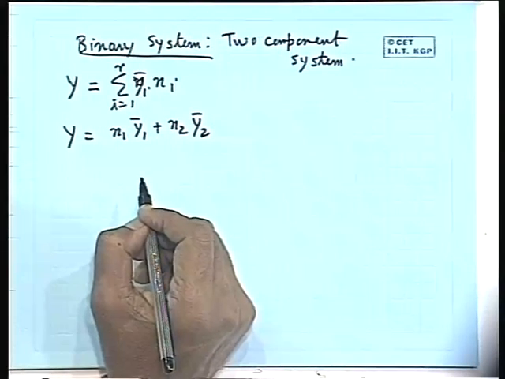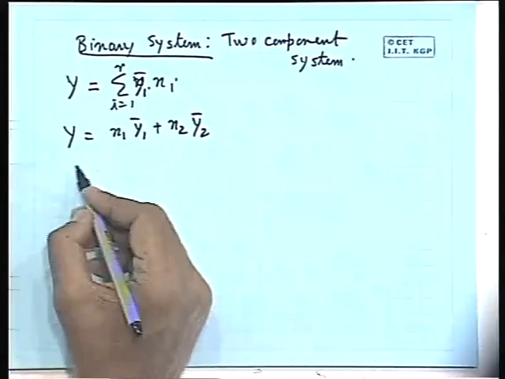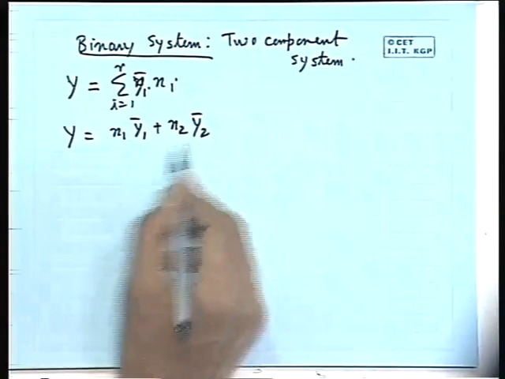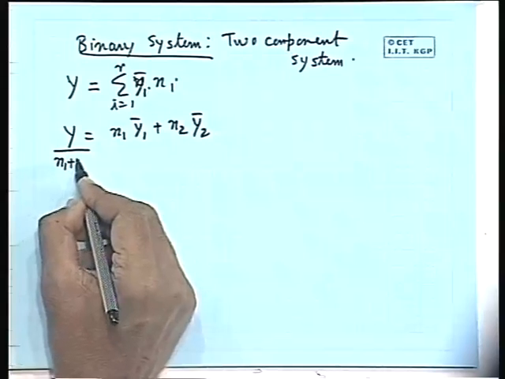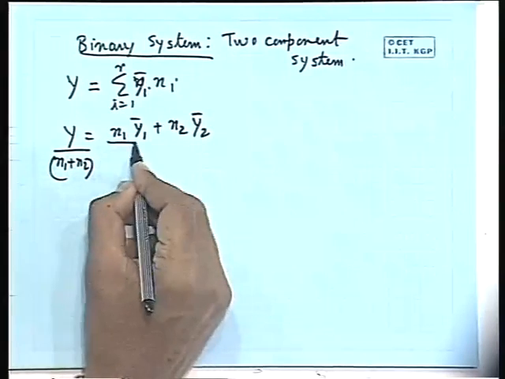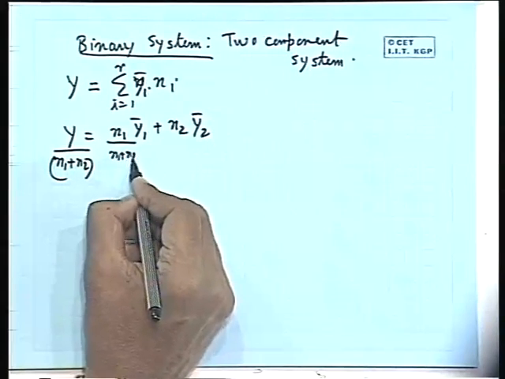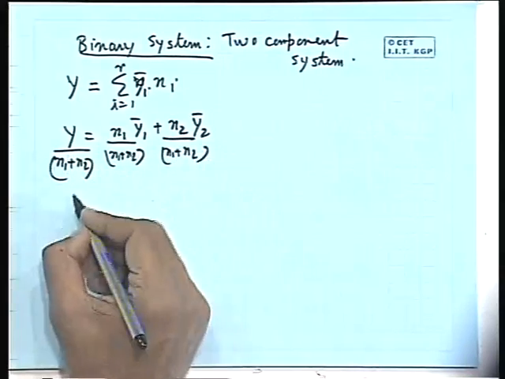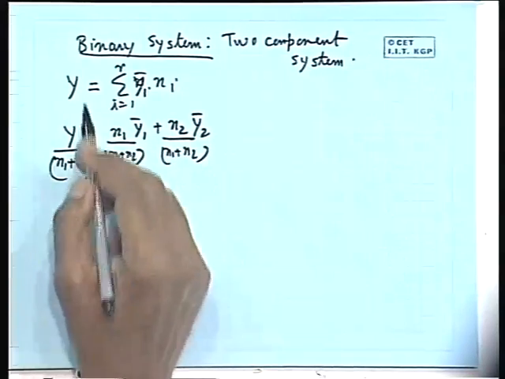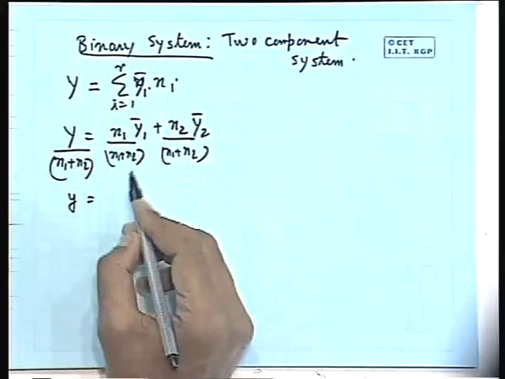And this we can write as, if we divide it by the total number of moles, that means n1 plus n2, then it becomes small y, the molar Y for the system as a whole.